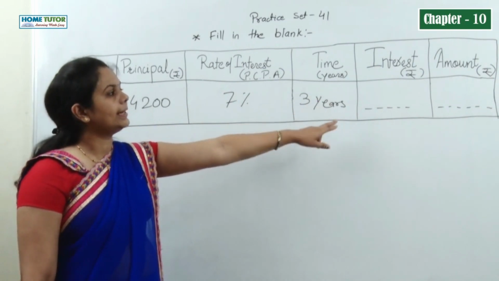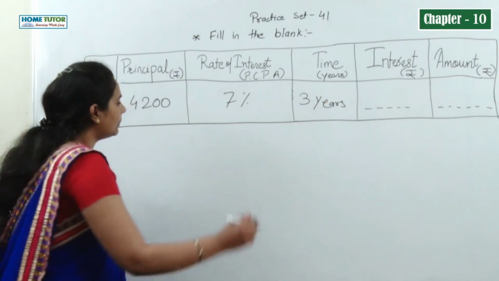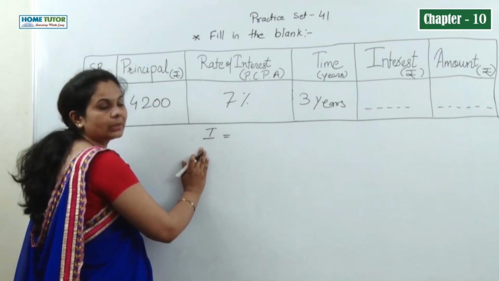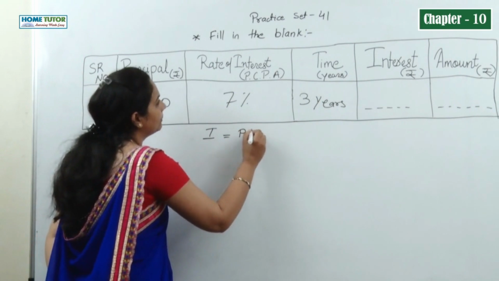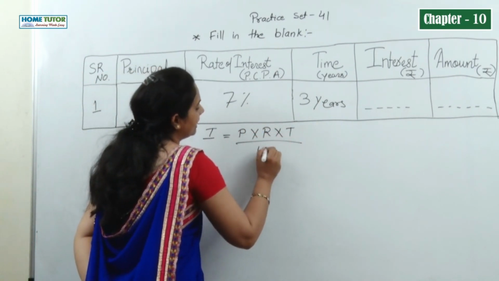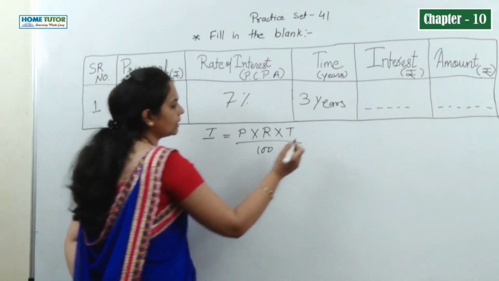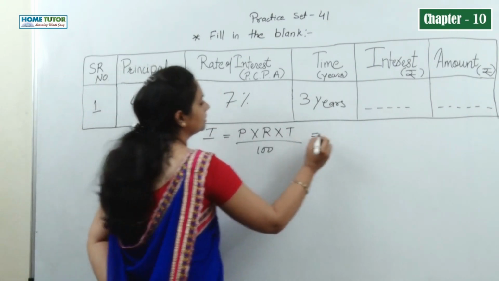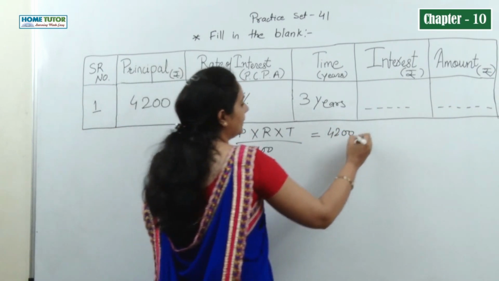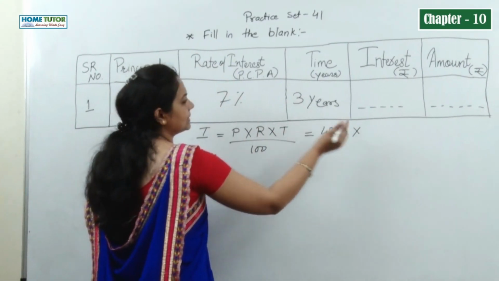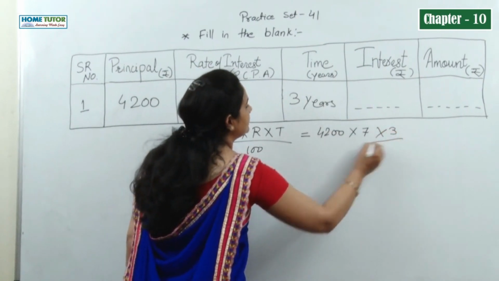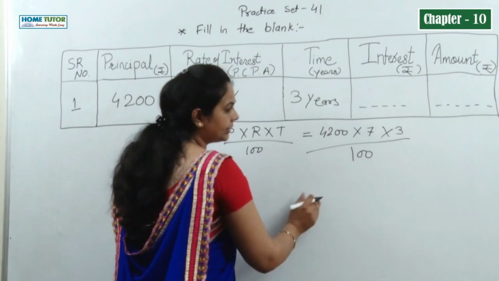We have to calculate interest and amount. अब interest find out करने के लिए हमें formula पता है, interest is equals to P multiplied by R multiplied by T divided by 100. What is your P? That is principal is 4200 multiplied by your rate of interest is 7 multiplied by time is 3 years divided by 100.